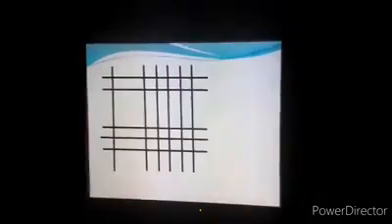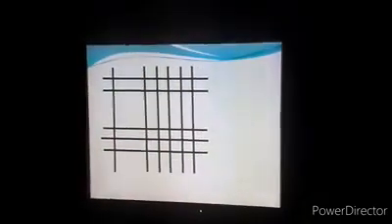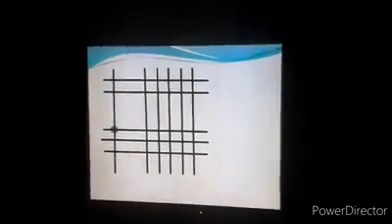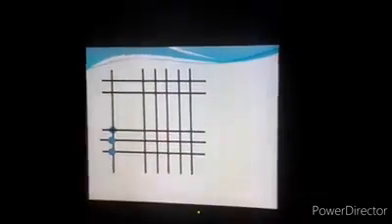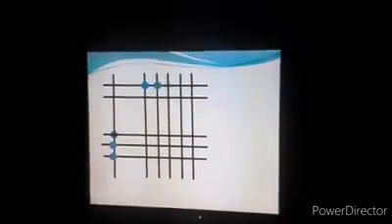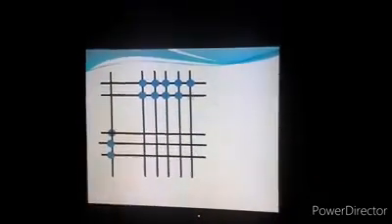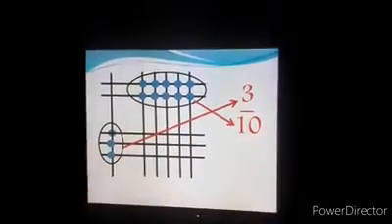So we will count the numerator in the bottom left. So we have 1, 2, 3. To get the denominator, we will count the upper right. So we have 1, 2, 3, 4, 5, 6, 7, 8, 9, 10. So we get 3/10.